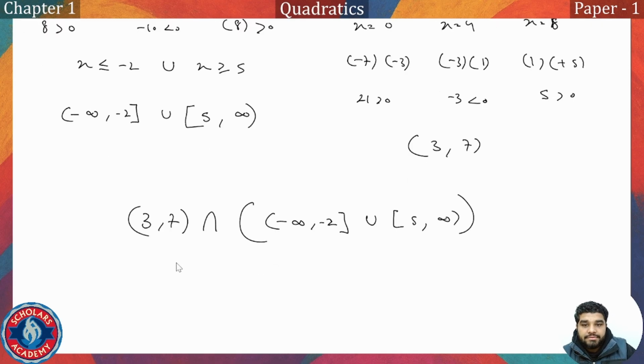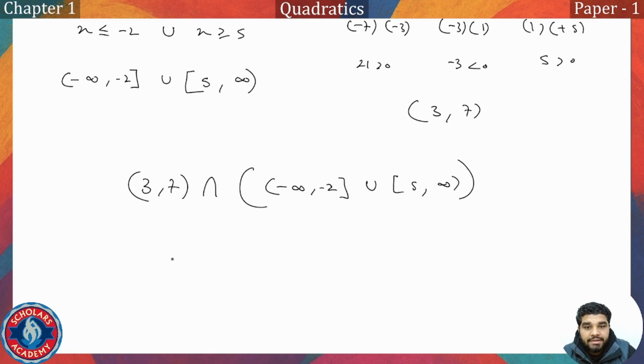Alright, if I check the intersecting points, in the first interval we don't have any intersection. If we check the second interval, yes, it's from 5 up till 7. So yes, we have 5 over here, we don't have 3. So the interval that satisfies both inequalities contains 5, so 5 up till 7.